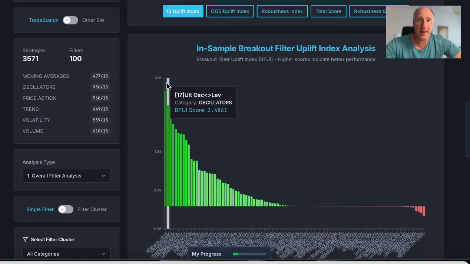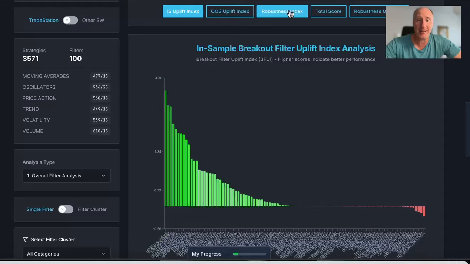Basically, we want to use the Robustness Index analysis, which compares overall which indicators are most robust, because they perform very well in sample and out of sample. That's always the key. We do not want to overfit. We don't want to over-optimize.